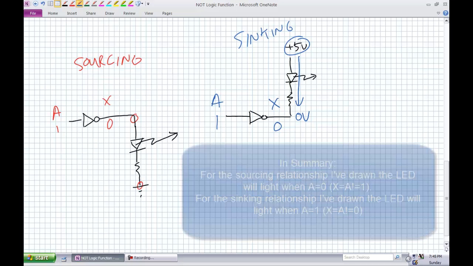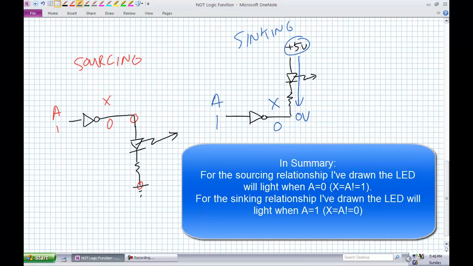Sometimes you want it to light on a 1, sometimes you want it to light on a 0. It doesn't always have to be a NOT gate, too. This could be the output of some combination of gates. Could be an AND gate in there with A and B inputs. You can have a syncing relationship or a sourcing relationship for the output of that.